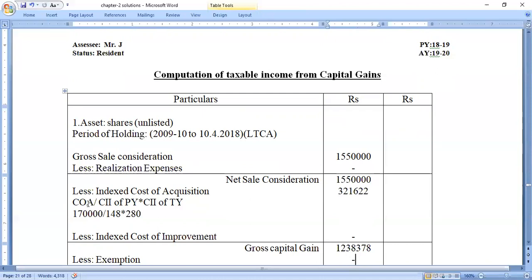The formula is cost of acquisition divided by CII of purchase year into CII of transfer year. Since the asset has been purchased after 1/4/2001, the purchase price will be the cost of acquisition.